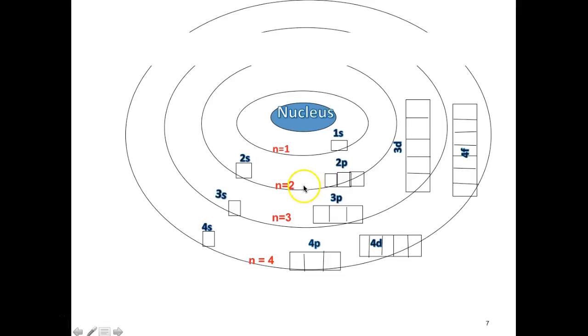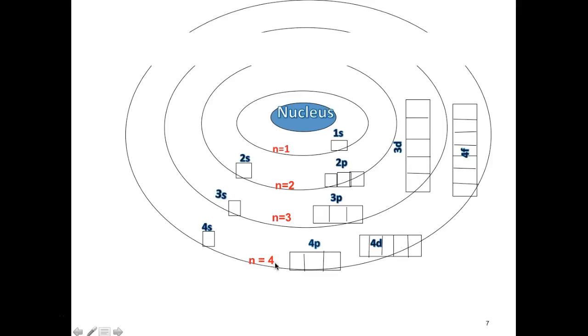It's able to have a total of 8 electrons. And then n equals 3 has more energy, so it has 18 electrons. N equals 4 has, at least here, the highest energy, so it's able to hold 32 electrons. Okay, so the more electrons an energy level is able to have, the more energy it has.